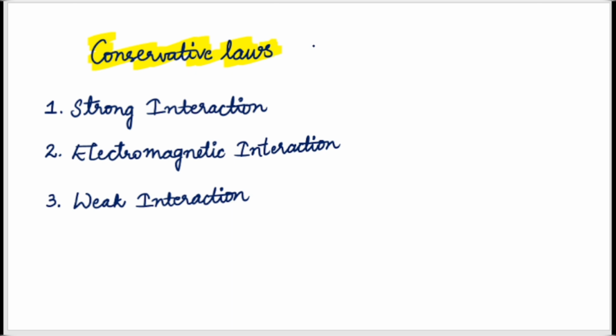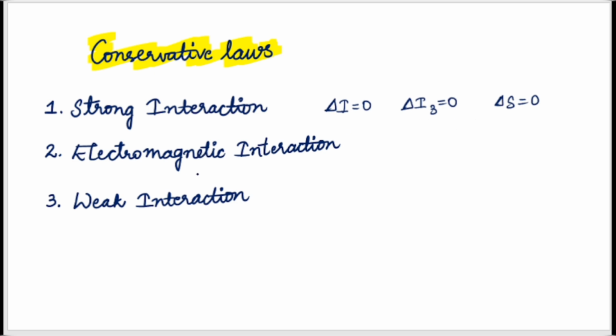When I say the interaction is strong, the isospin is conserved, the third component of the isospin is conserved, and the strangeness quantum number is also conserved. When all three are conserved, it is a strong interaction.